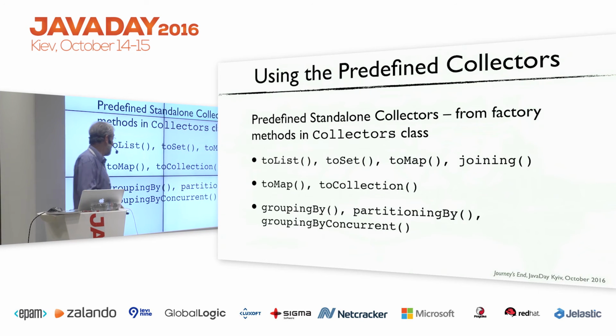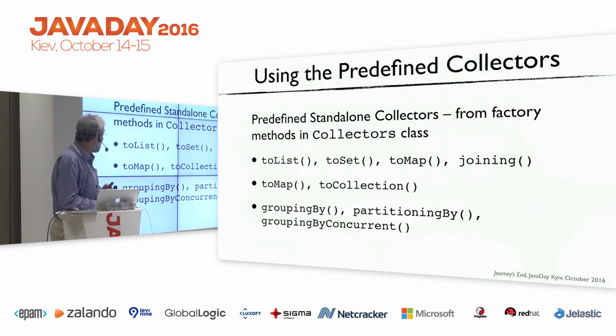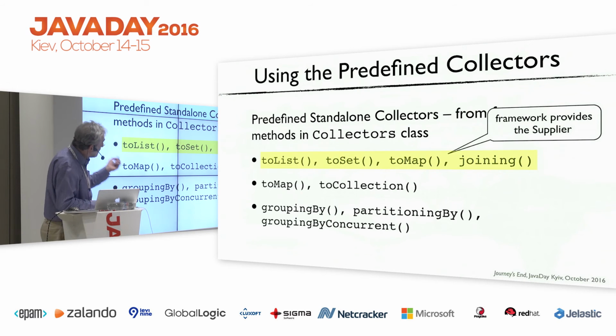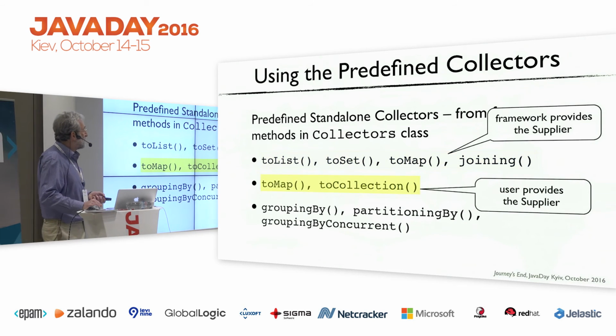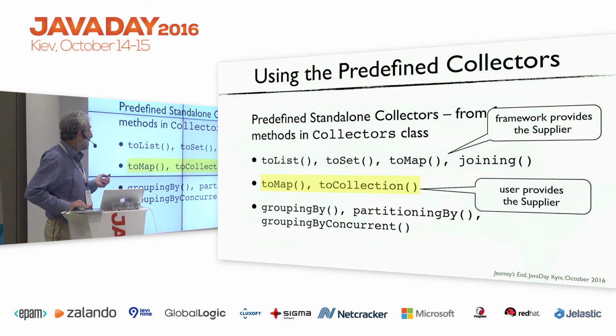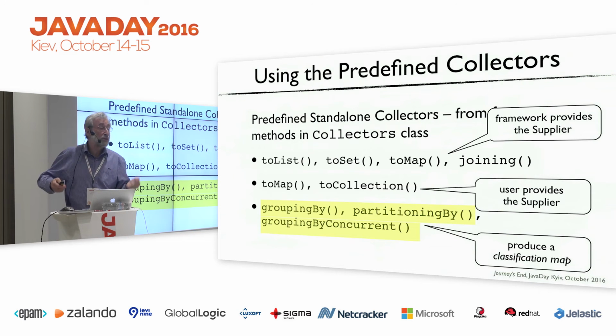That one collects to HashMap. And I'm going to talk more about these groupingBy methods in a minute. Oh, right, and of course I've talked about what's on the slide now. Framework provides a supplier. User provides a supplier, and this produces a classification map. So the difference between these is essentially what's the factory that's going to produce that empty collection in the first place.